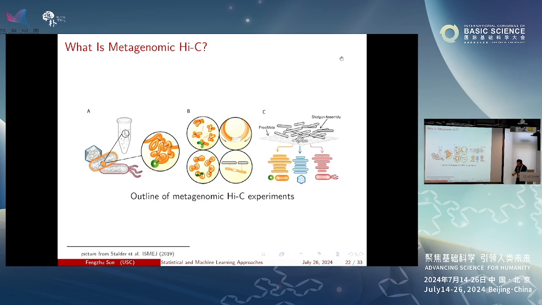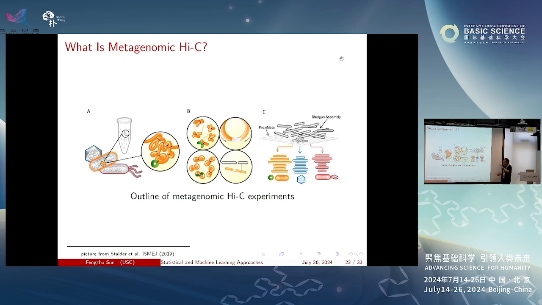What it does is take the microbiome, and then the first thing they do is use a chemical, in particular formaldehyde, to link those genomic regions that are physically close together. Those black ones are the linkage.